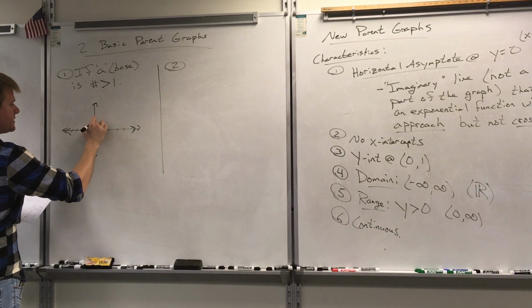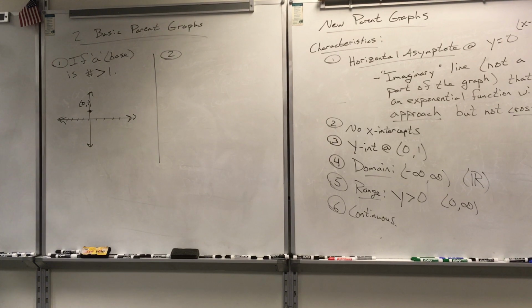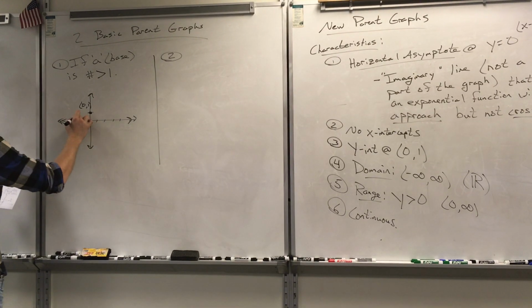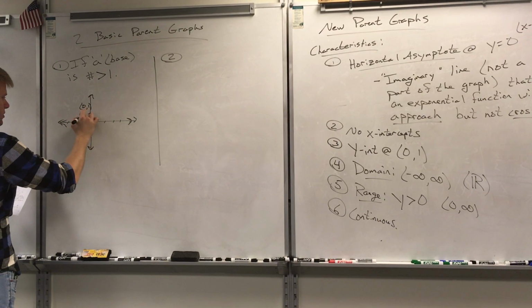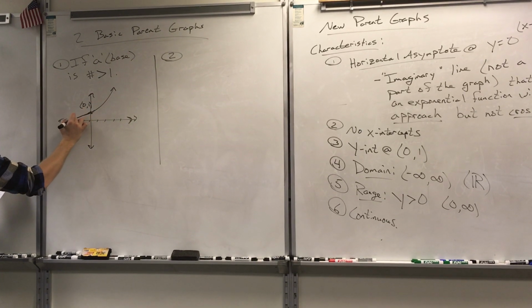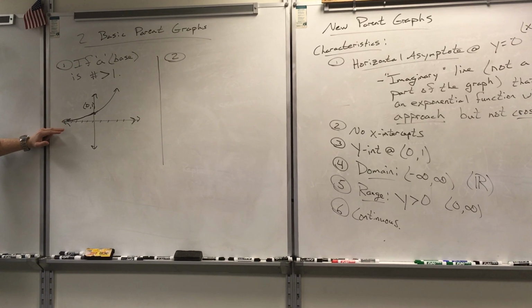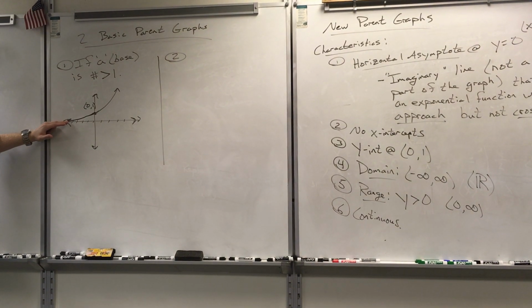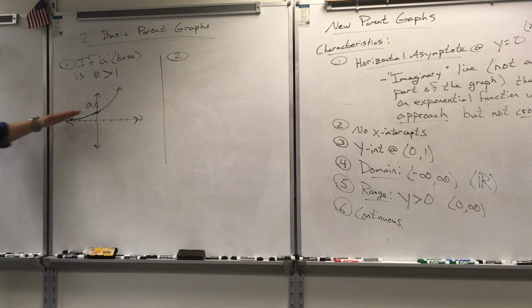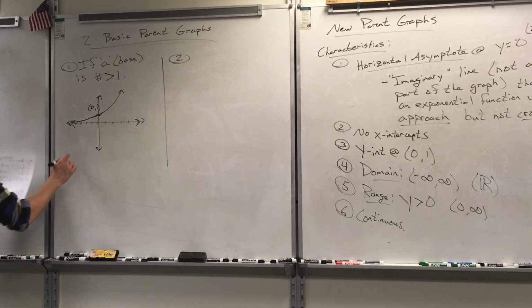The graph always has a y-intercept at (0, 1), and then the graph increases as you go left to right, and gets closer and closer to that x-axis, the horizontal asymptote, without ever crossing it. So it goes in this swoop here. It rapidly grows as you go left to right.